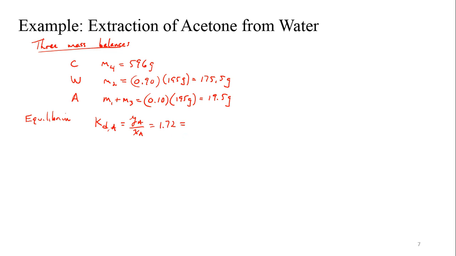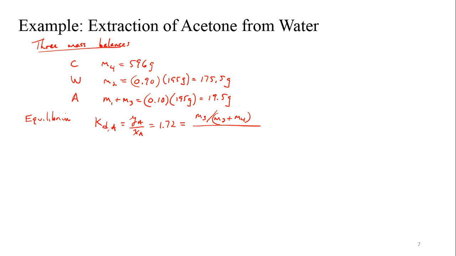So Y sub A, that's the fraction of acetone that's in the chloroform extract coming out, right? So we would write that as what? This would be M3 divided by M3 plus M4.